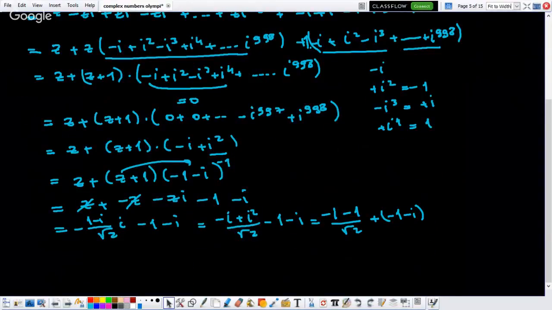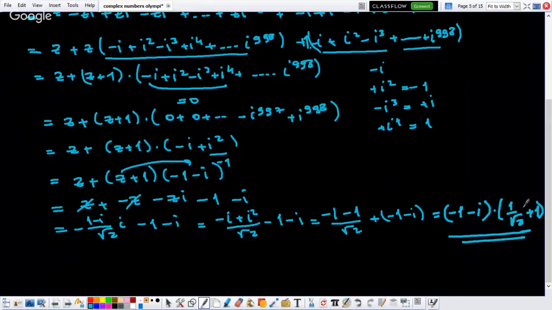Then here minus 1 minus i minus 1, they are the same terms, so I will get the parentheses like this, minus 1 minus i times 1 over root 2 plus 1, and this is the answer of the question.